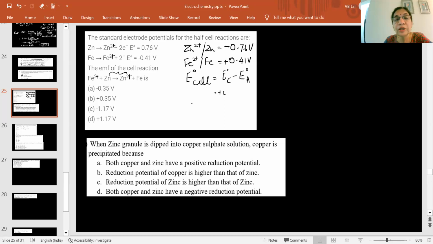So plus 0.41 minus, minus 0.76. So what will it become? 0.41 plus 0.76. What is that equal to? Add and see. So what is the answer? The answer is D. Did you all understand why it is D?